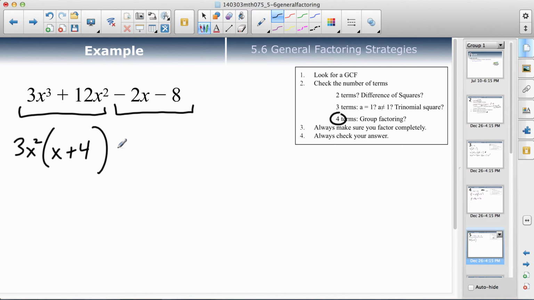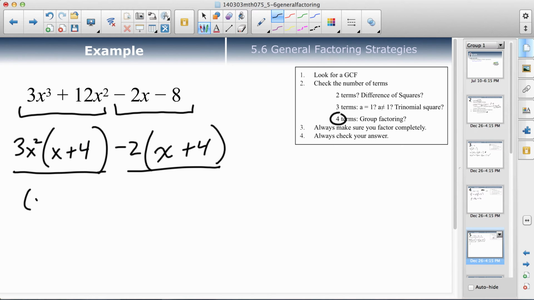Since this is negative, I'm going to factor out a negative 2. So negative 2x divided by negative 2 is a positive x. Negative 8 divided by negative 2 is a positive 4. So here's a term, here's a term. They each have an x plus 4, which is common. So I can take that out front and rewrite 3x squared minus 2.